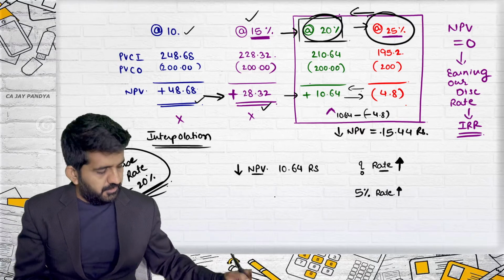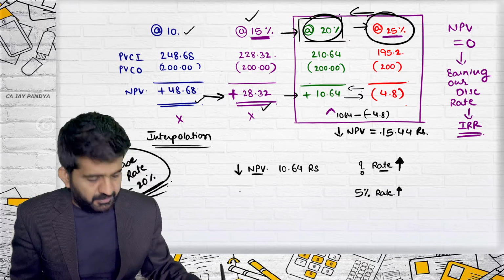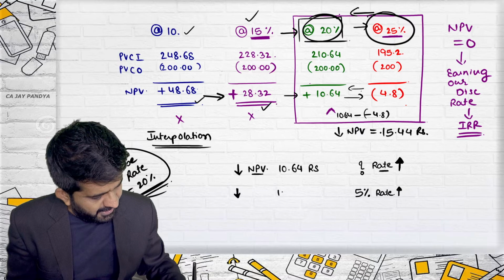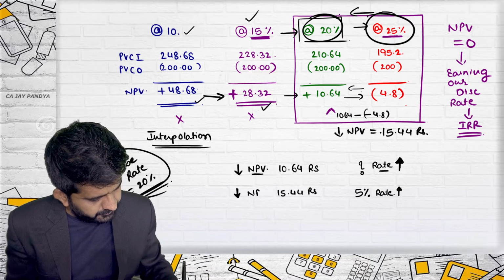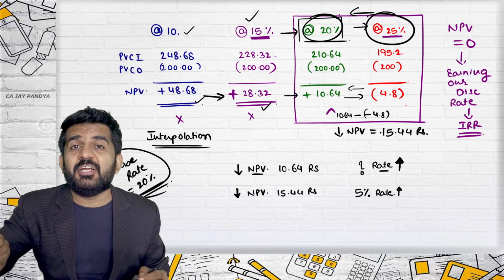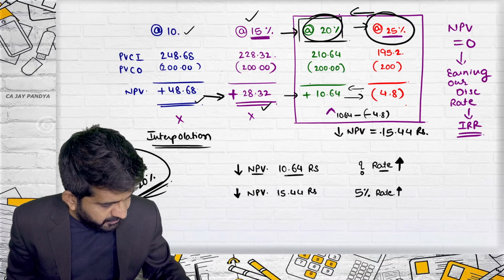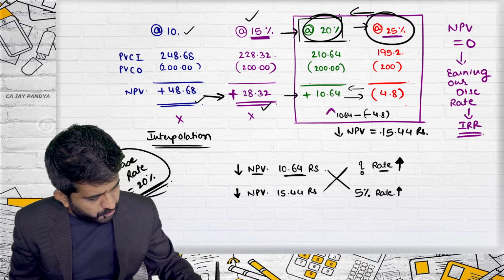See over here, this rate. If you increase the rate by 5%, your NPV decreases by 15.44 rupees. Right? But you don't want a decrease of 15.44 rupees. You want a decrease of 10.64 rupees. Then how much rate should be increased?